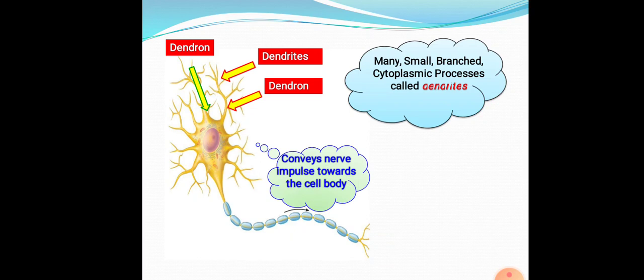So the impulse, or I can say the stimulus, is first received by the dendrites and transferred through the dendron to the cyton of the neuron. So it conveys the nerve impulse towards the cell body, that is nothing but the cyton.